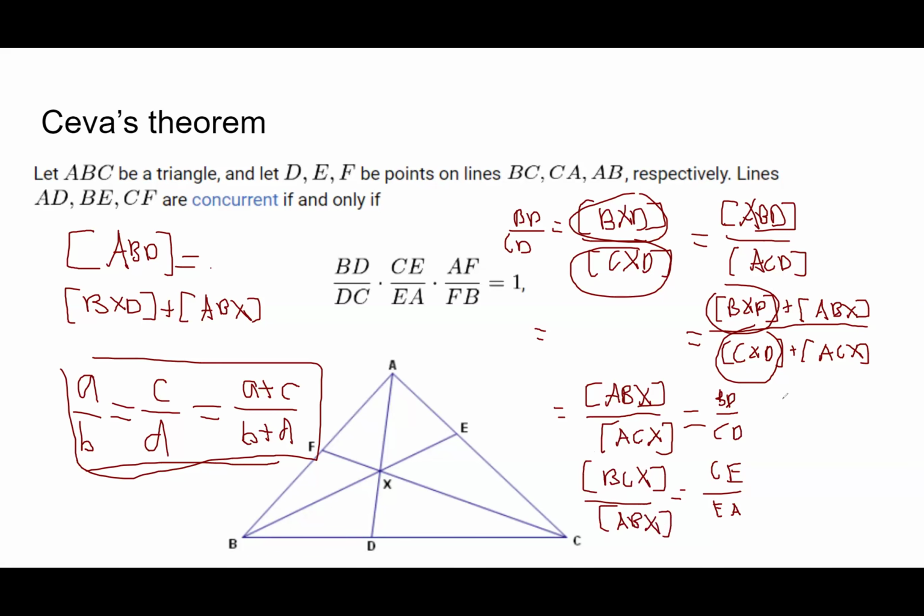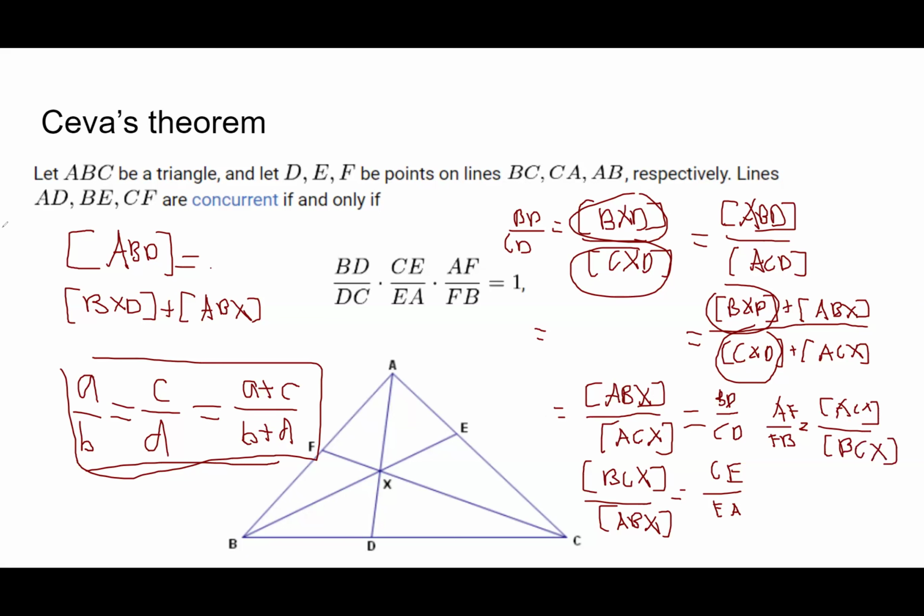And then AF over BF equals the area of triangle ACX over the area of triangle BCX.